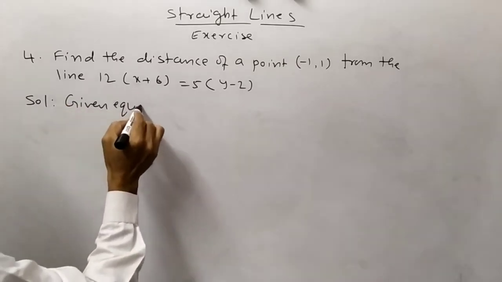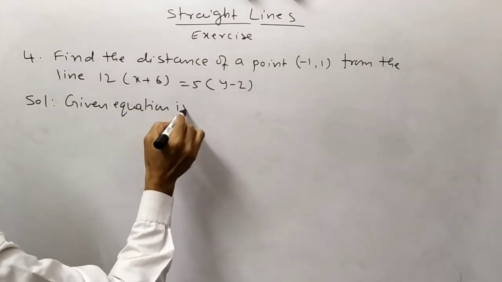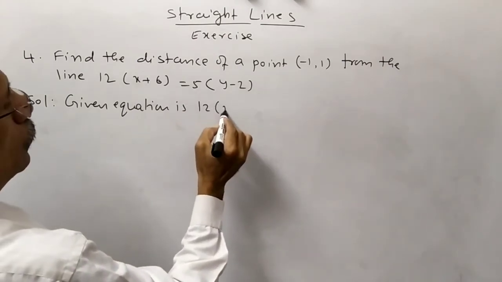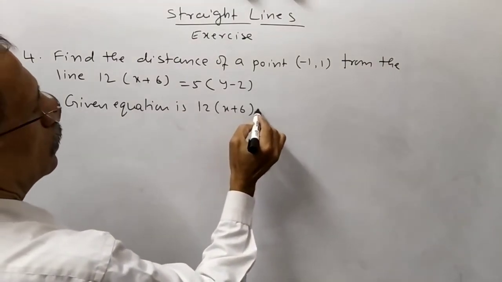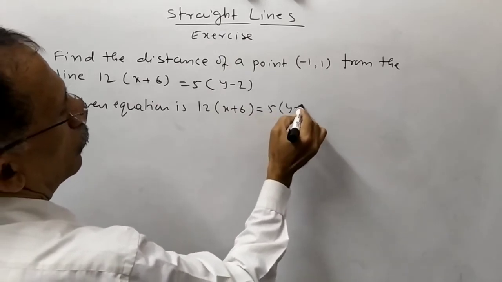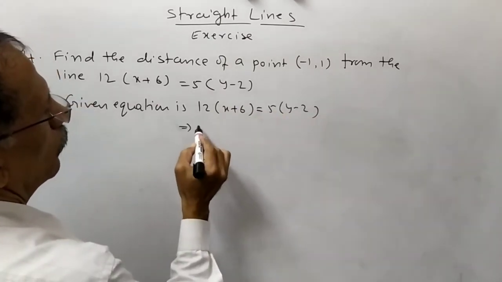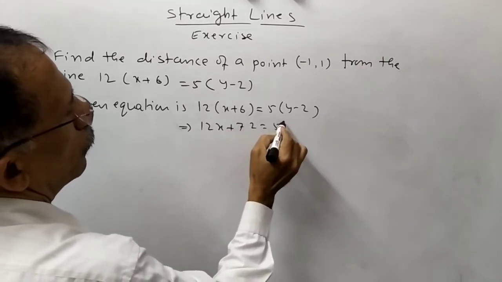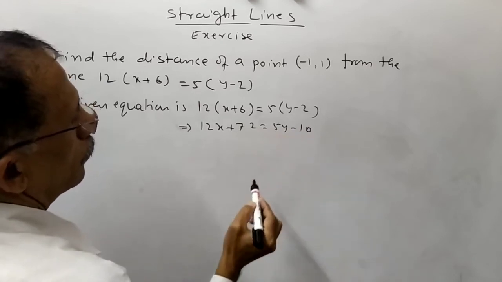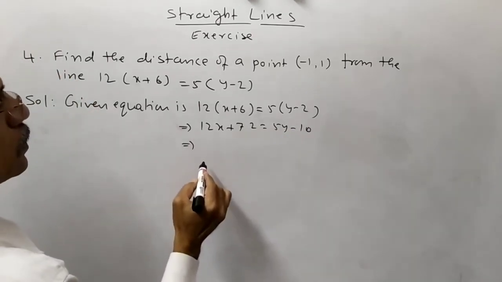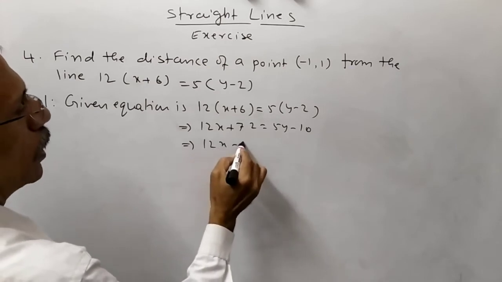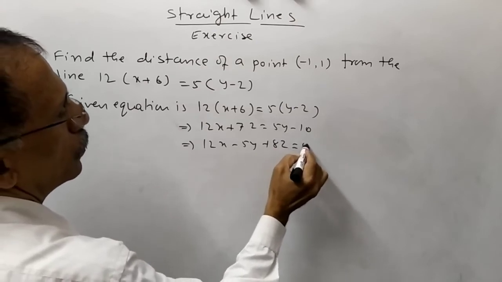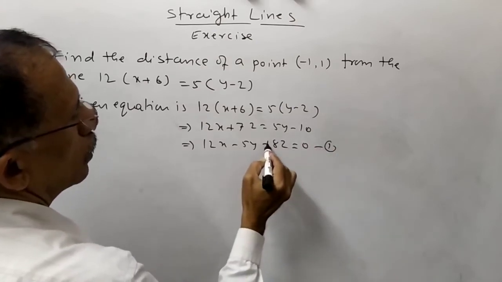Given equation is 12 into x plus 6 is equal to 5 into y minus 2, implies 12x plus 72 is equal to 5y minus 10, implies 12x minus 5y plus 82 is equal to 0. Say number 1.